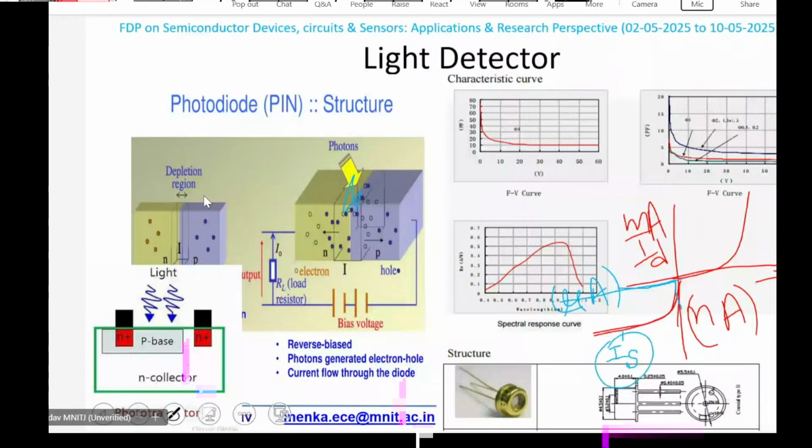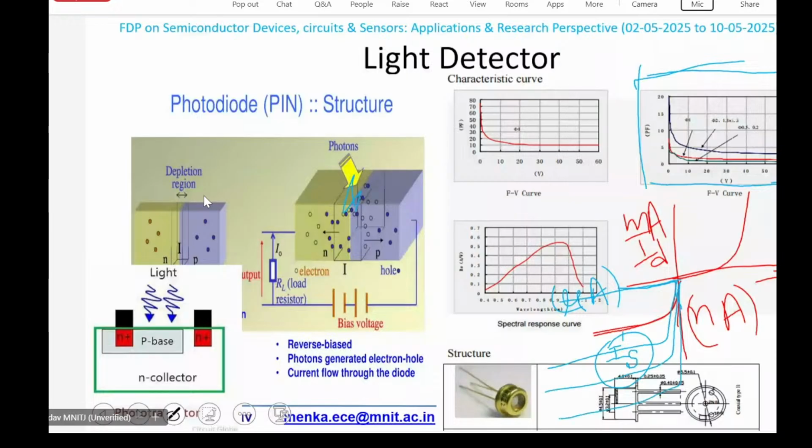The same has been shown in this particular diagram, how it is getting changed. The more carriers are generated, the more current you get, and this current characteristic you will get in this way.